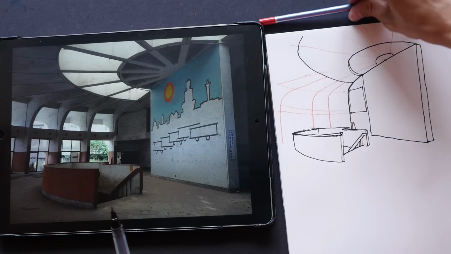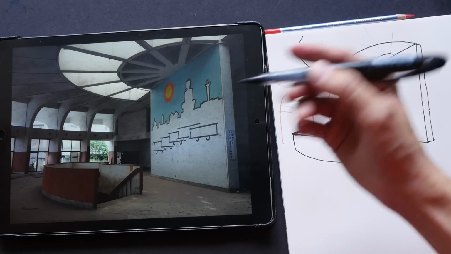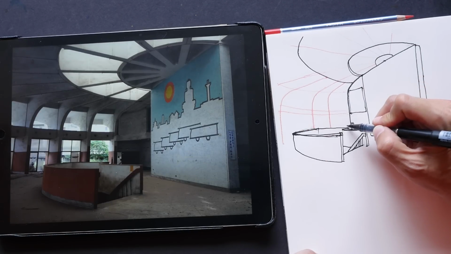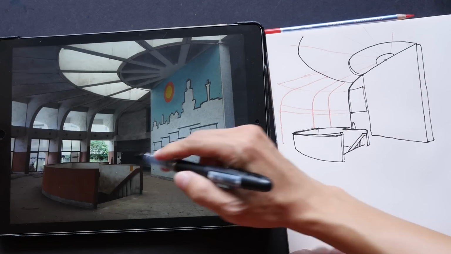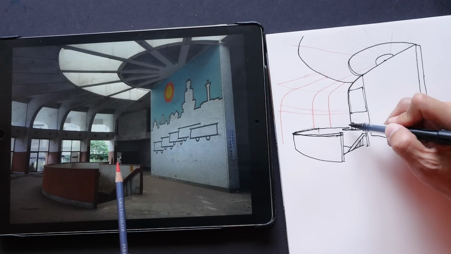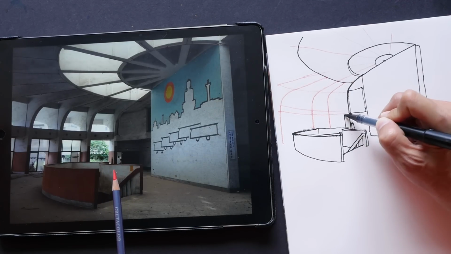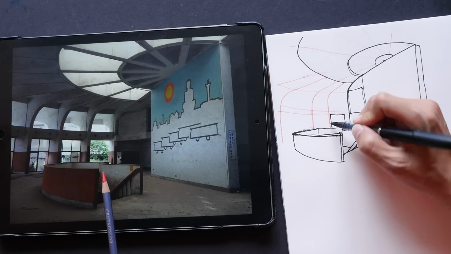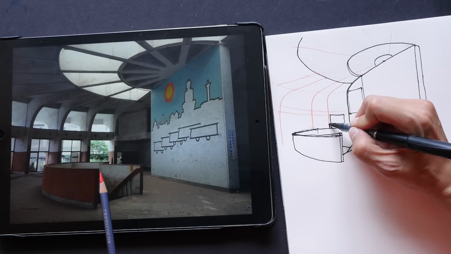Alright, now that I have my guiding lines, I will just go in to draw the lines with the pen. I'm drawing this part here right now. This part. Like this. Move to the left and go down. This is the wall.